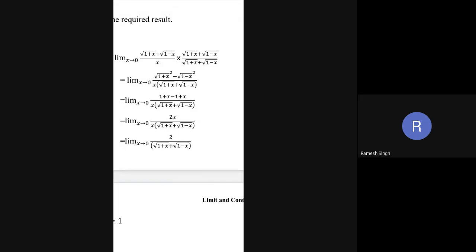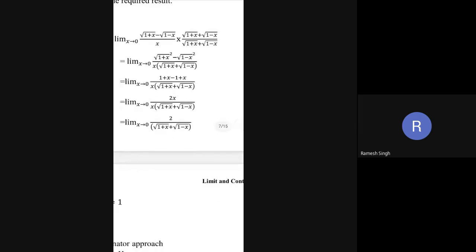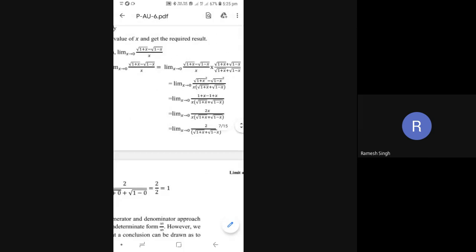So 2x remains in the numerator, and wherever the solution stops, there you put the value of x. From here, no further simplification is possible, so put the value of x, where x tends to 0.